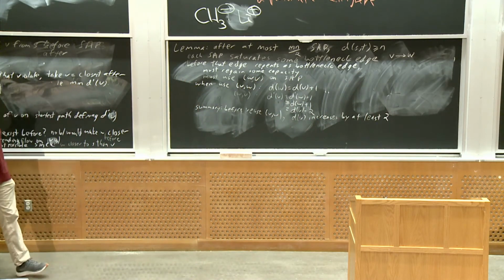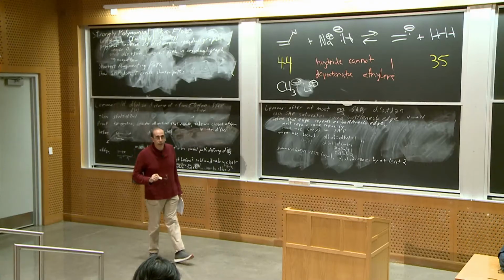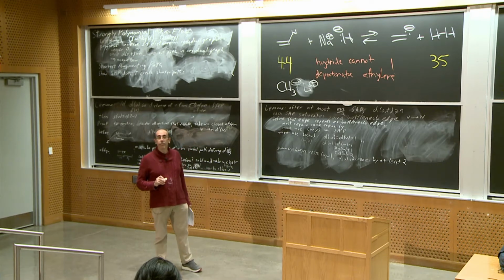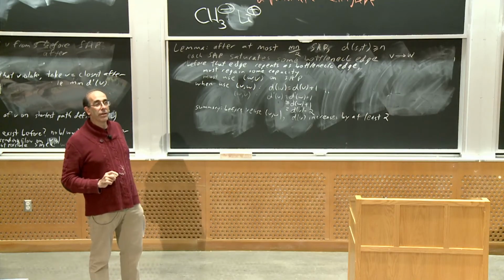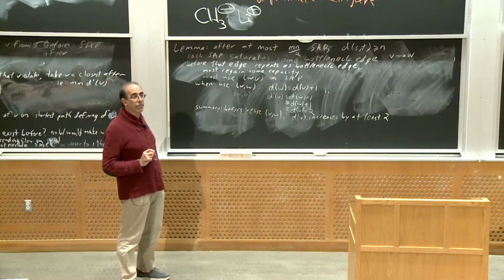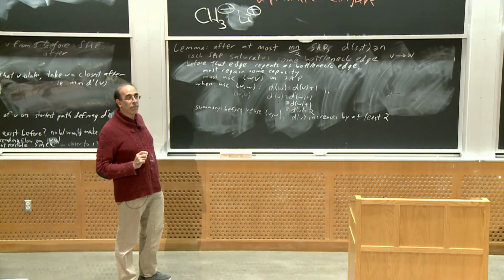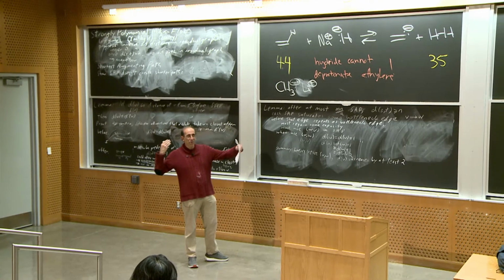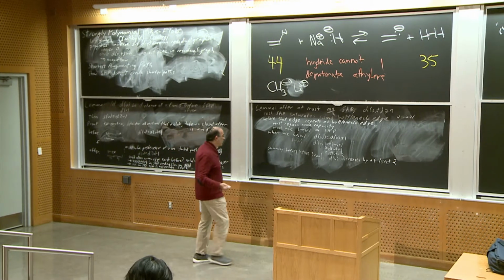Now, how often can the distance of V increase by at least 2? Yes? N over 2 times. How come? Because the distance of V can't be more than N. That was our argument for why we're trying to increase the distance, right?